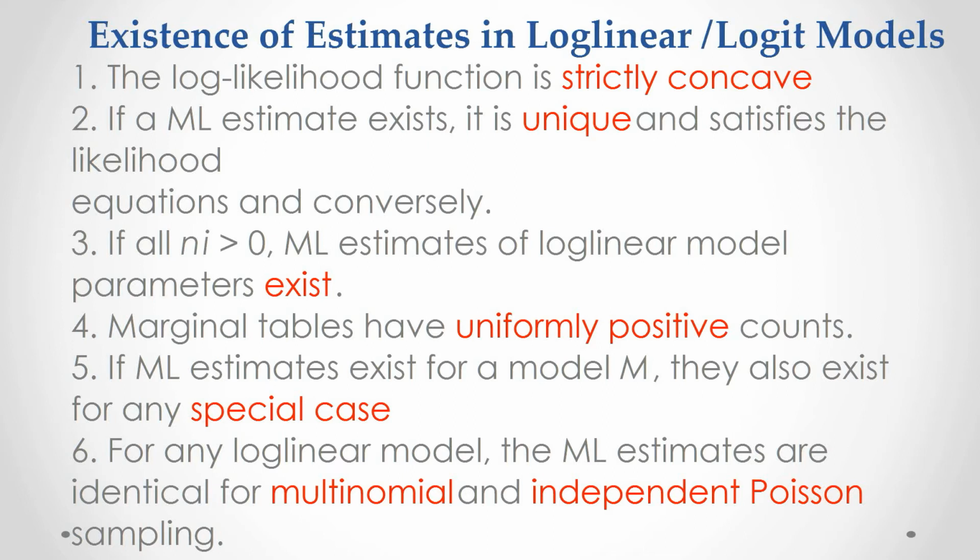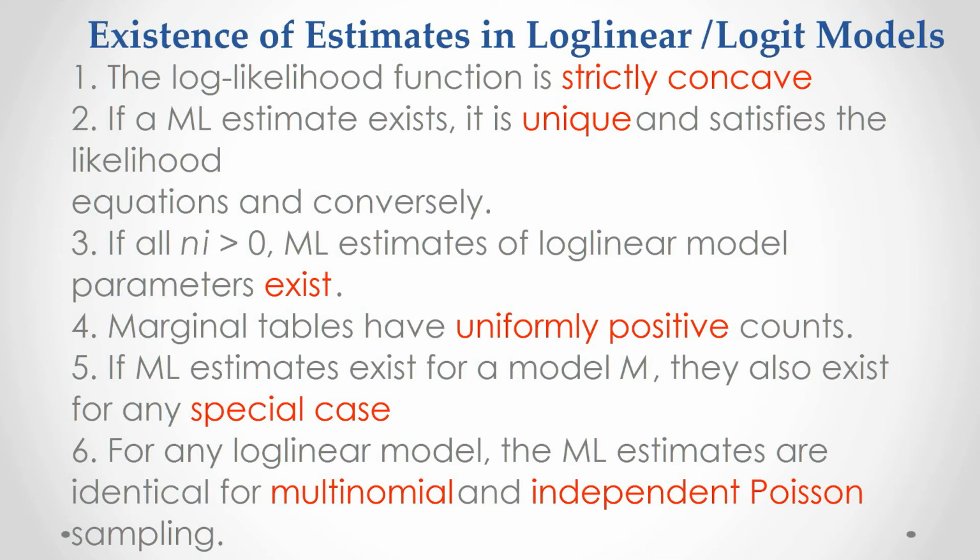If an ML estimate of mu exists, it is unique and satisfies the likelihood equations X'n = X'mu hat, where n denotes the corresponding vector of observed cell counts, mu hat the estimated expected values, and X the design matrix. Conversely, if mu hat satisfies the model and also the likelihood equations, it is the ML estimate of mu.